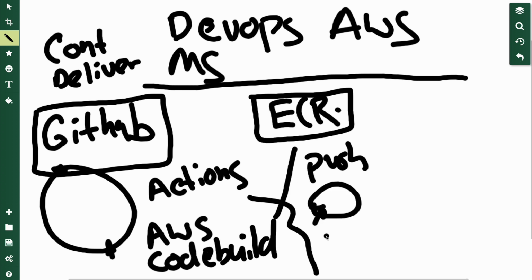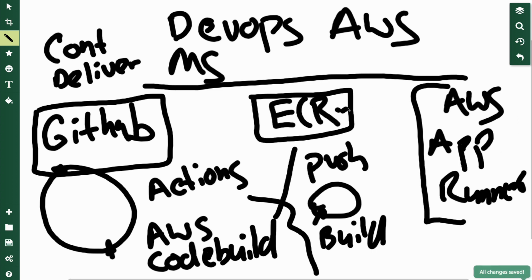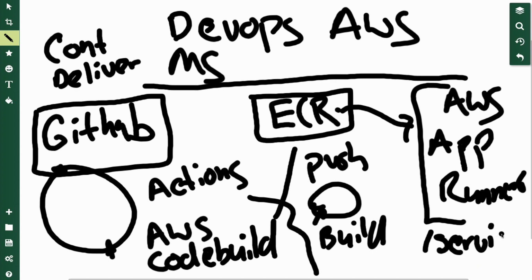This would be rebuilding the container every single time we push, and then the AWS App Runner service can build out the pushed version into a new service. It would roll out that service every single time it runs. So this is full continuous delivery, but container-based continuous delivery.